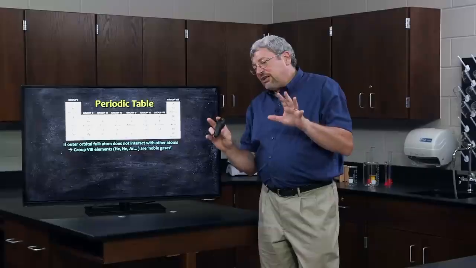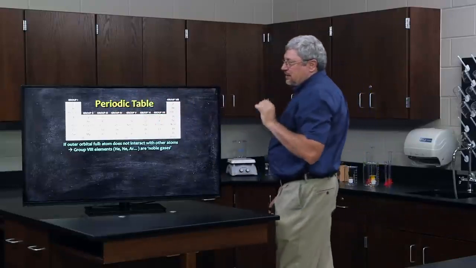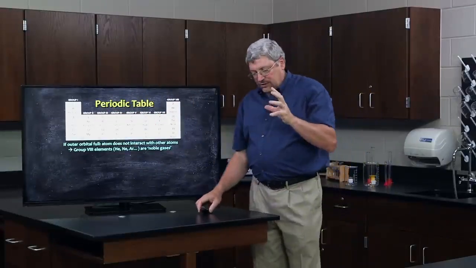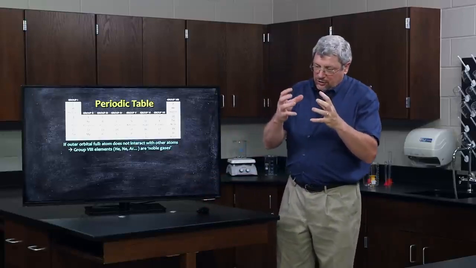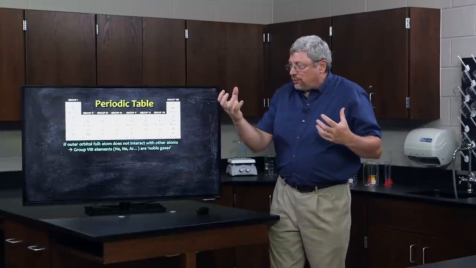Now, once we've got that set up, a hydrogen atom is sitting there all alone with 1 electron in the innermost row.